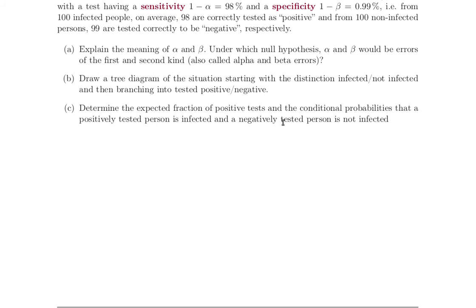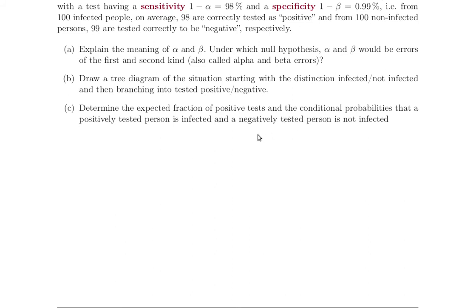That's basically what you want to know. You are tested positive. What is your probability of being COVID-19 infected? And if you are tested negative, what is your probability to have COVID-19, provided that you got a negative test?